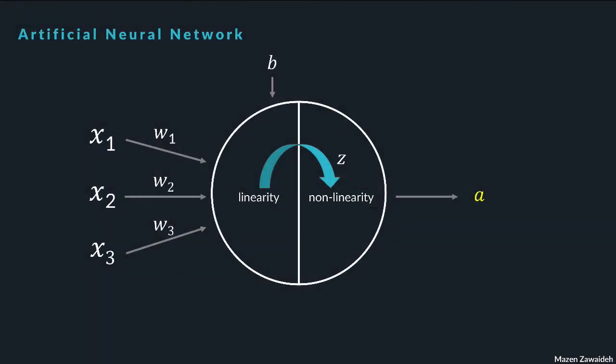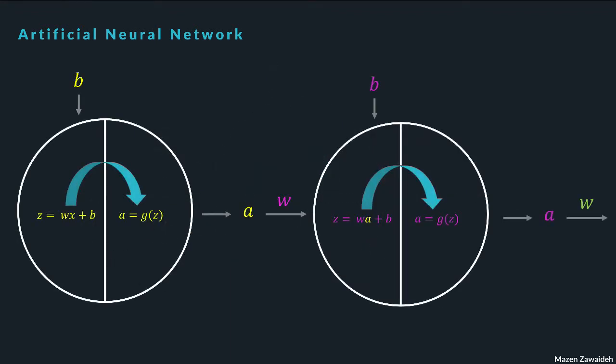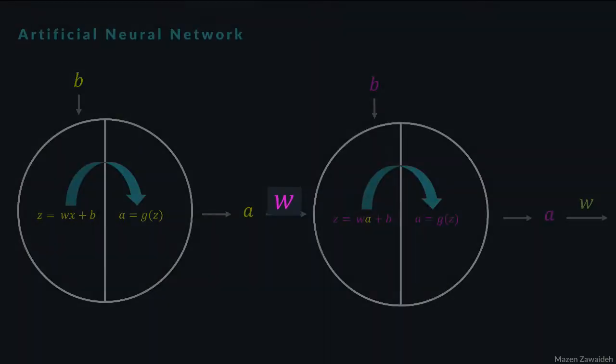The choice of activation function can vary, but is a topic for later discussion. The output activation of this node then serves as the input to the nodes in the subsequent layer, and so on and so forth. The difference in color here indicates that the parameters which are designated by the same letter hold different values for each node. For example, this weight differs from this weight.